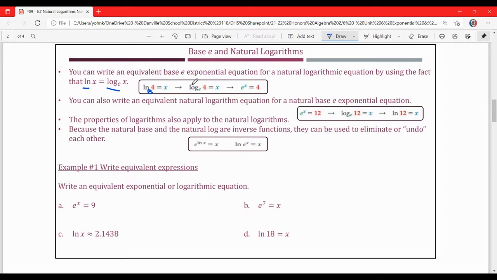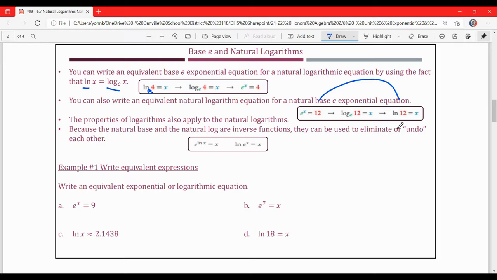And so I can change it to log base e of 4 equals x, and therefore e to the x equals 4. You can also write an equivalent natural logarithm equation for a natural base e exponential equation. So if you have e to the x equals 12, I can rewrite it as ln 12 equals x, just like we do with exponential and logarithmic.